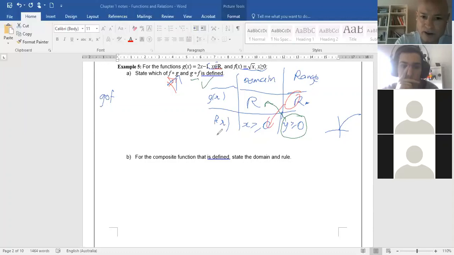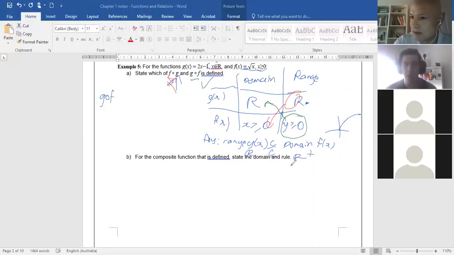So for fog, the range of g of x has to be a subset of the domain of f of x. The range of g of x is reals. The domain of f is reals positive. It's not a subset, is it? How can you have it bigger than the reals positive? So that's not. Oh, I see now.